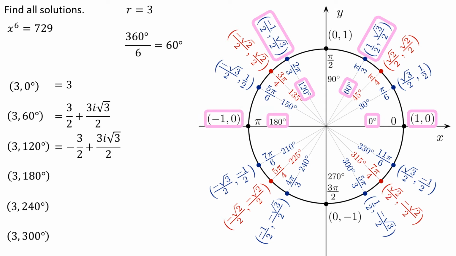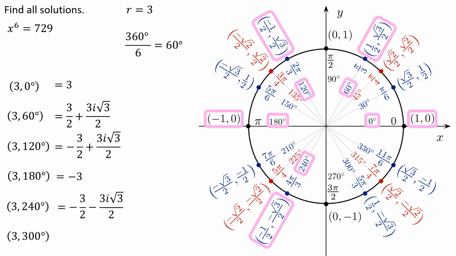180 degrees. I'll have to do 3 times negative 1, and then 3i times 0. Well, 3 times negative 1 is negative 3. 3i times 0 is 0. Oh, hey, it's just negative 3. 240 degrees. And again, you'll notice the pattern that we're reusing numbers.